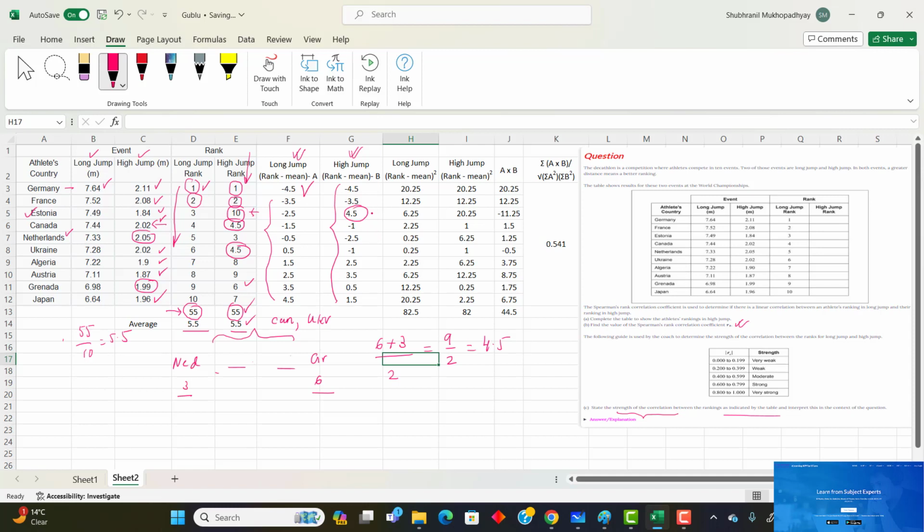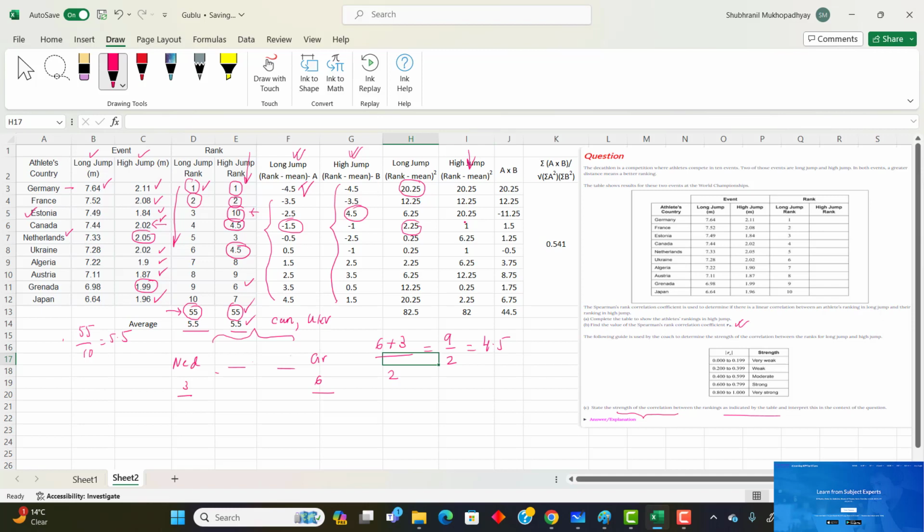Now once we are done finding out the deviations, we need to find the square of the deviation. So if you square 4.5, the value comes out to be 20.25. Similarly, if you square minus 1.5, the square value comes out to be 2.25. We did the same thing again for the high jump category as well.